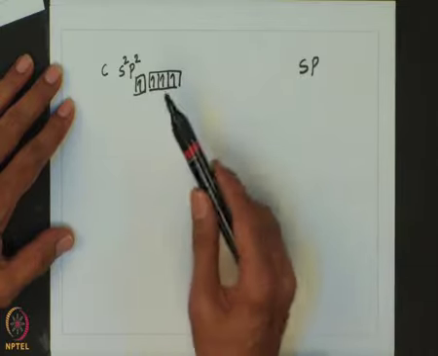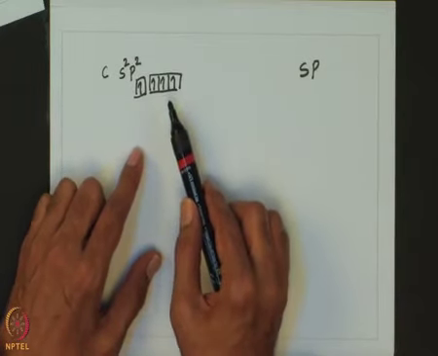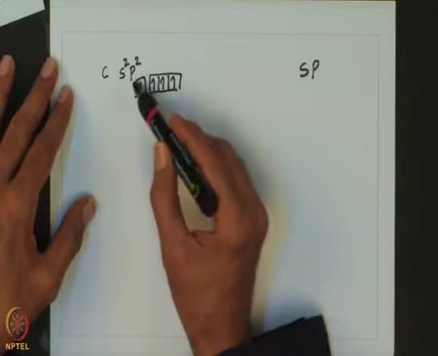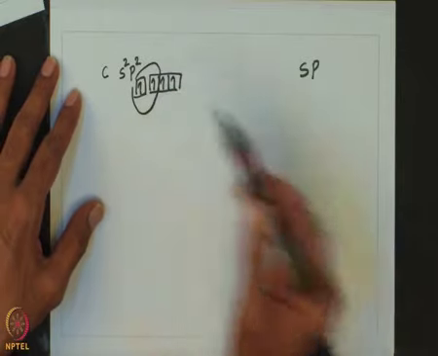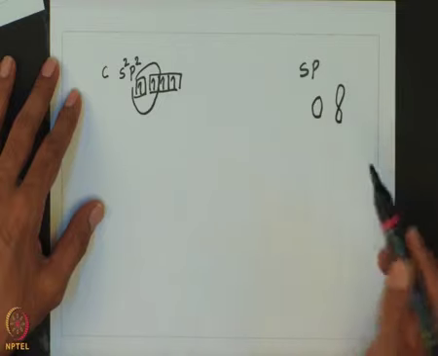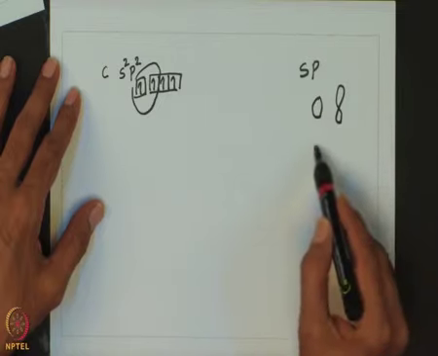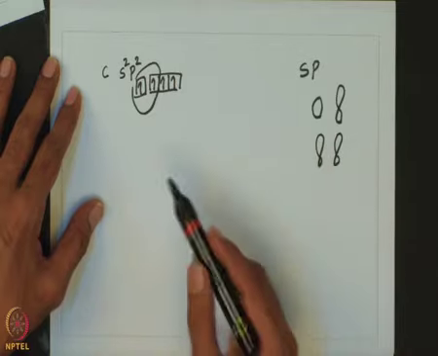At this stage we are not mixing all the 3 p orbitals along with s, we are considering only one of the p orbitals along with s. That means we need one s orbital and one p orbital, and they will combine together to form 2 sp orbitals.